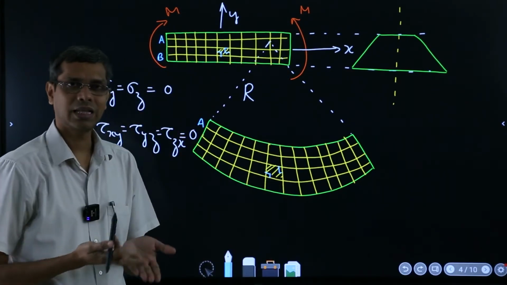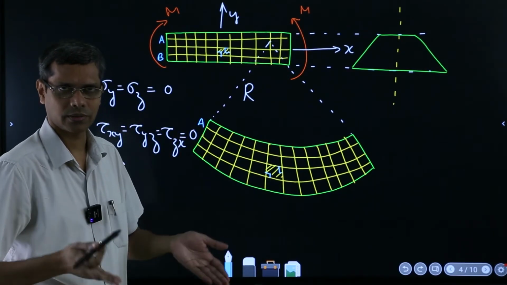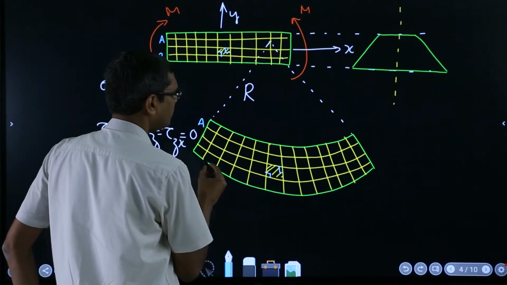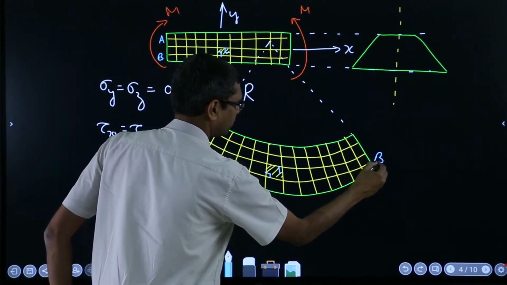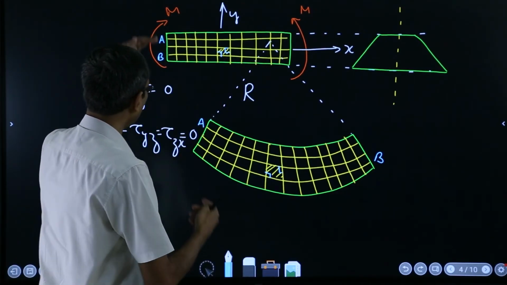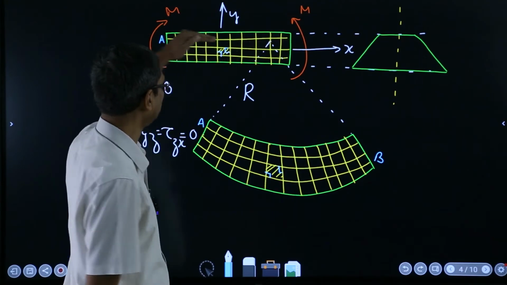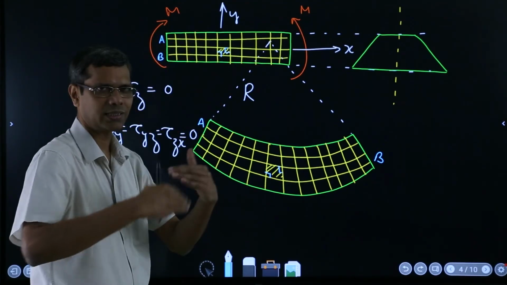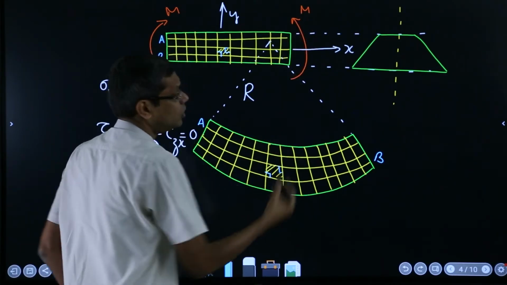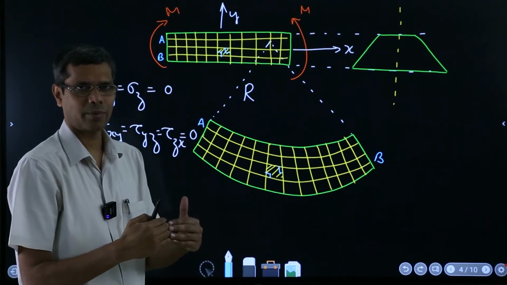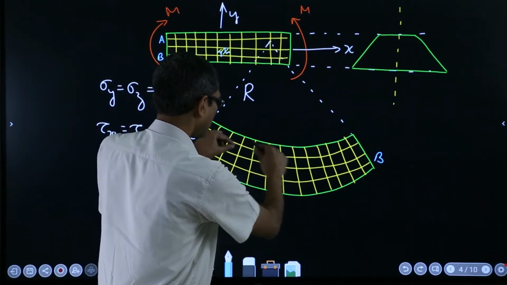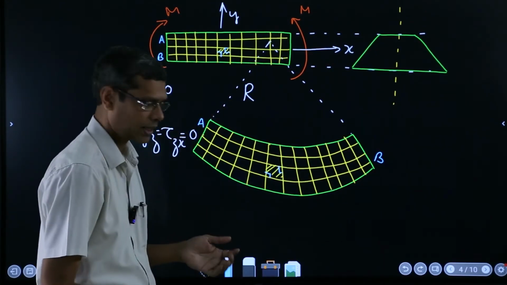So the length of the circumference, that sector, at A will be smaller than that of B. So in the fibers near the top, as we go from here, I don't know where that transition will happen from compression to extension, if we can think like that.